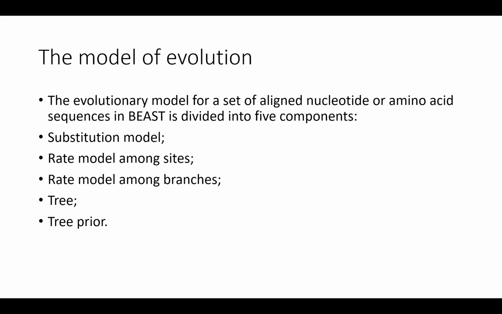BEAST offers flexible options in defining the evolutionary model for genetic analysis, such as accounting for variant substitution rates and heterogeneity among sites and branches, while maintaining a consistent ratio of transitions to transversions. All parameters, including the tree structure, can be shared or independent between partitions of the sequence data.